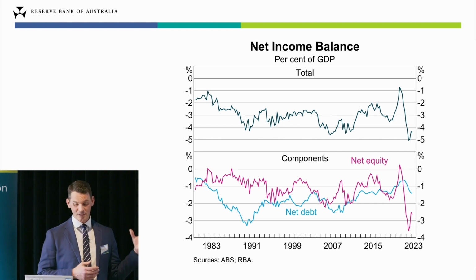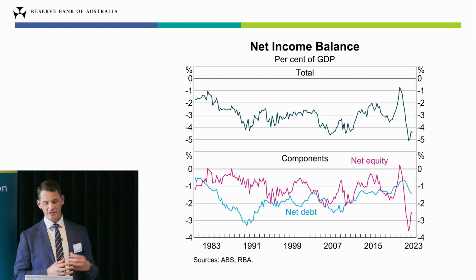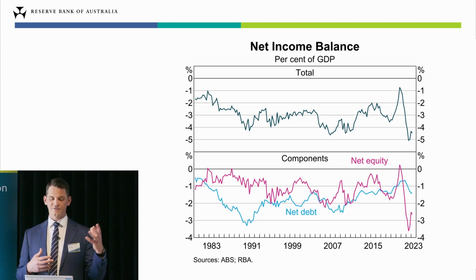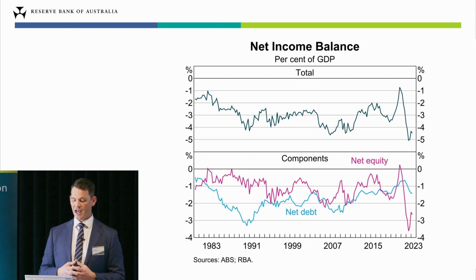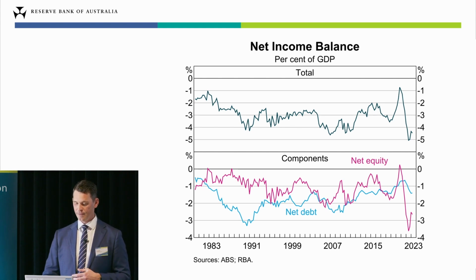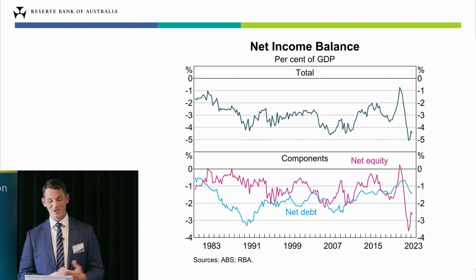So we have a net income deficit is the first point to note, and you can see that on the top right, on the top part of the graph there. And you can think about this because Australia's foreign liabilities are larger than our foreign assets, and so our payments are larger than the income we receive. Now the net income balance doesn't normally get as much attention as the trade balance. It's much more stable over time.